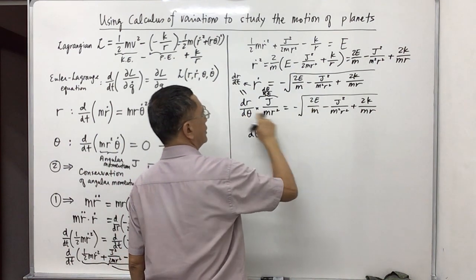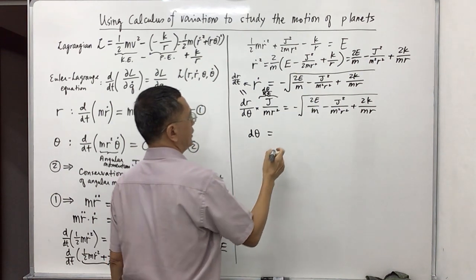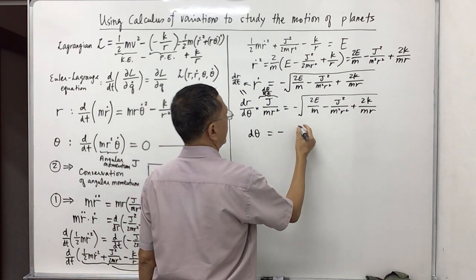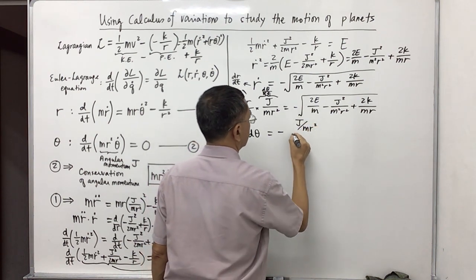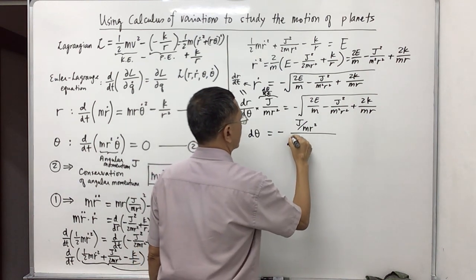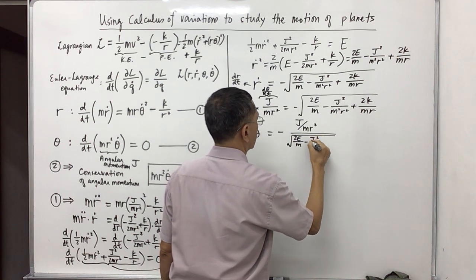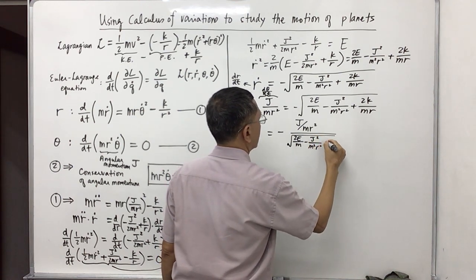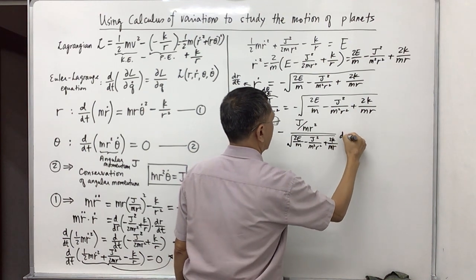Imagine d theta is cross multiplied to the other side, this whole block is brought down, and I'm going to have negative of j over mr squared, divided by this whole block of square root, 2E over m minus j squared over m squared r squared plus 2k over mr, dr.